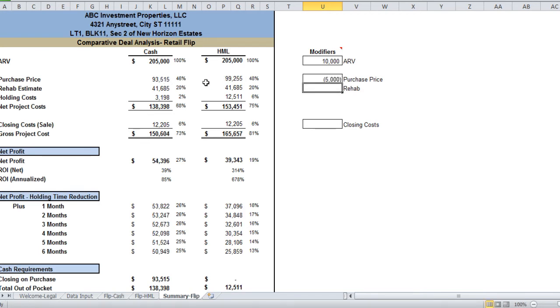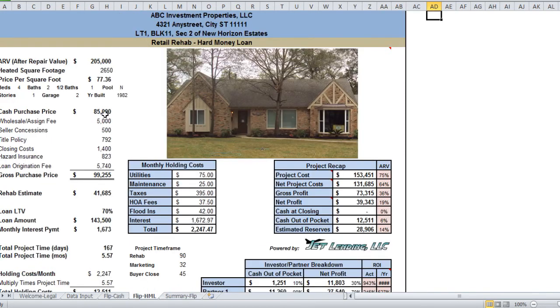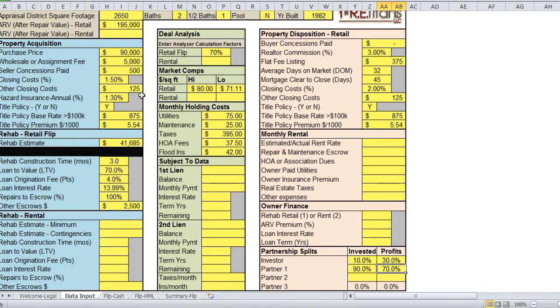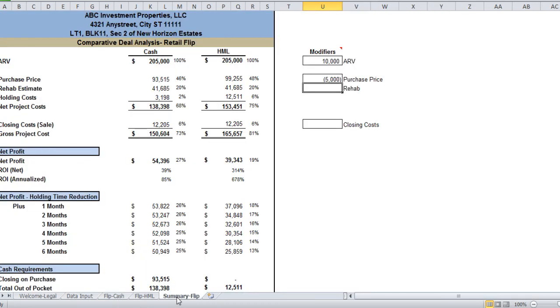So it drops our purchase price. The same thing in here, it drops our purchase price here, which changes our total gross purchase price after closing cost. Same thing here, 85,000 versus our original 90,000. Again, like I said though, in the data input, it doesn't change it here. It only changes it on your analysis sheets and your summary sheet.